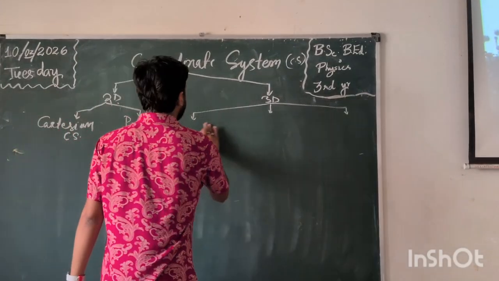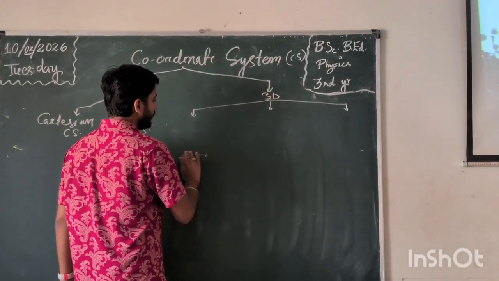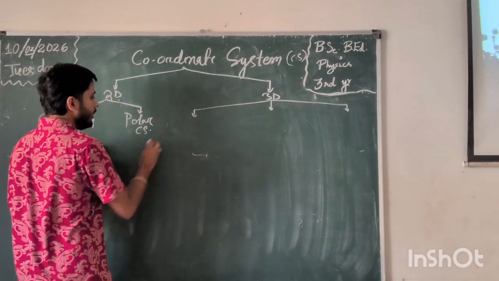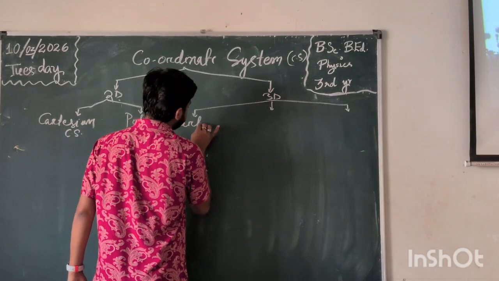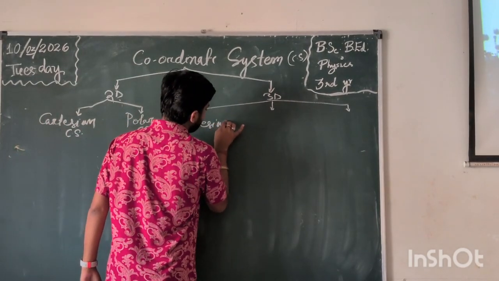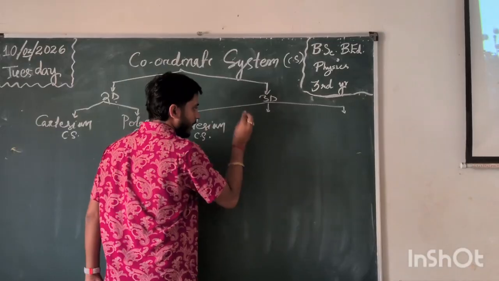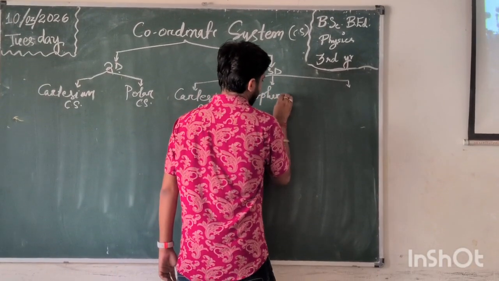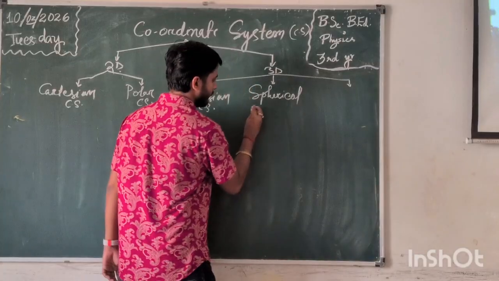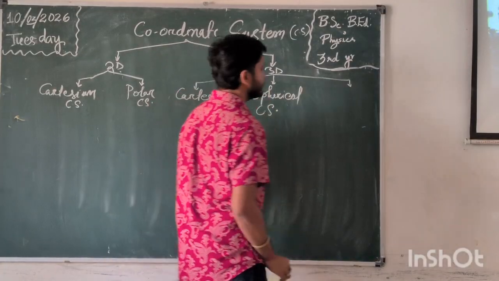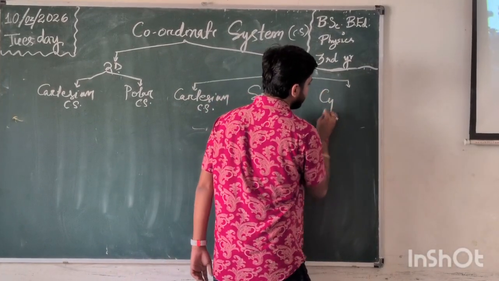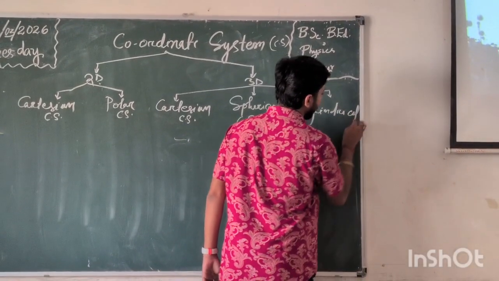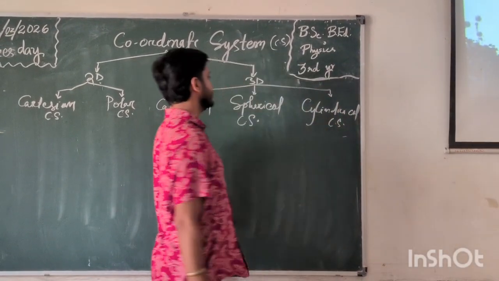First we are going to study the same Cartesian coordinate system in 3D. Here 2D, here 3D. The second one is the spherical coordinate system. The third one is the cylindrical coordinate system.